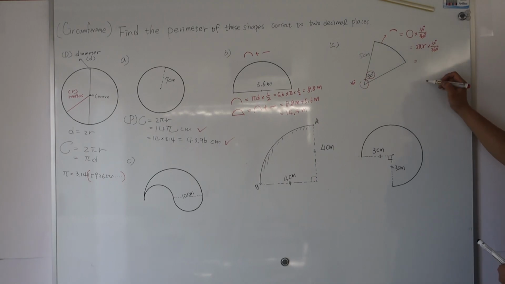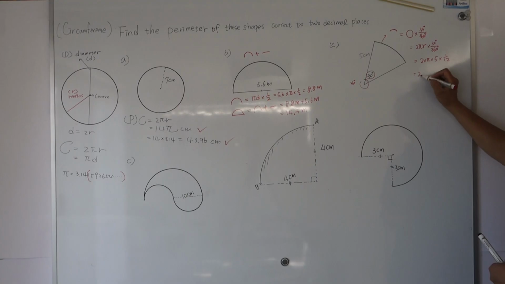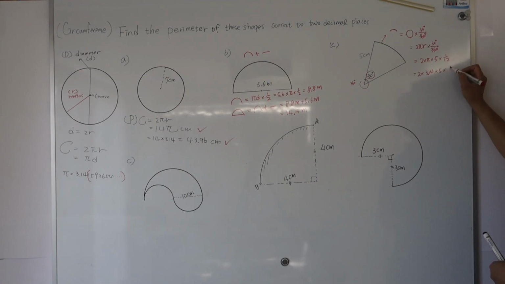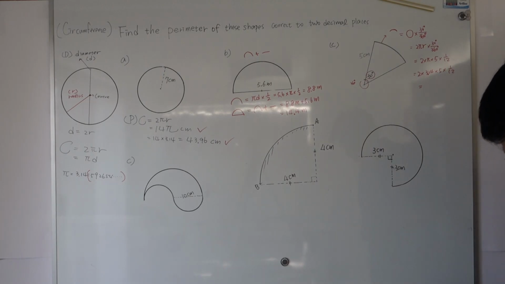So equal to 2 times pi times 5 times 1 over 12, so equal to 2 times 3.14 times 5 times 1 over 12, so equal to 2.62 centimeter.